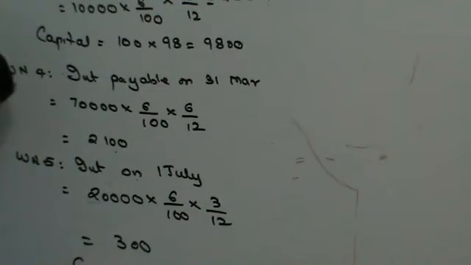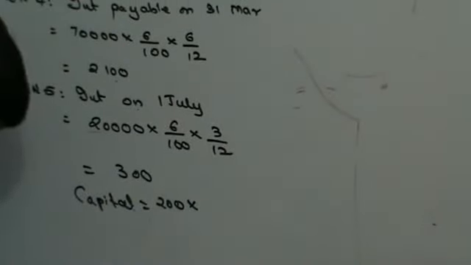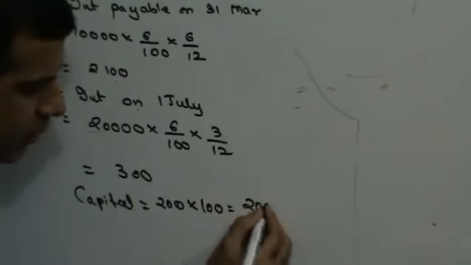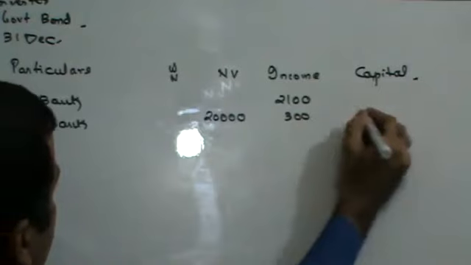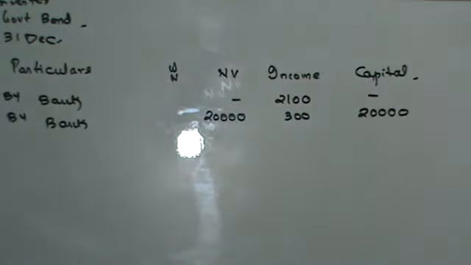Let's also find out the capital value. I'm selling 200 units of instrument at face value, 100 rupees, so its capital value is going to be 20,000. So now interest is 300 and capital value is 20,000. Now whenever you sell, you have to calculate your profit or loss.